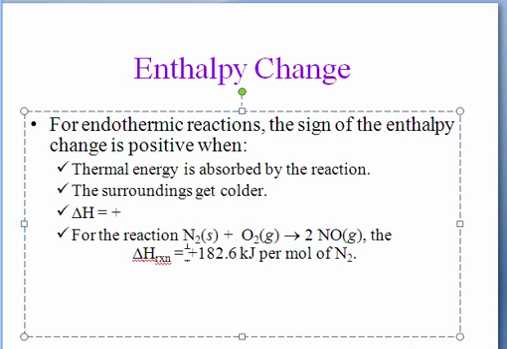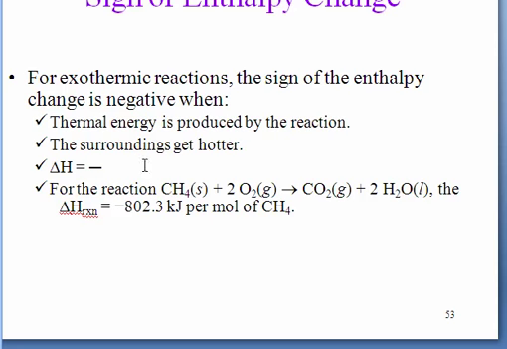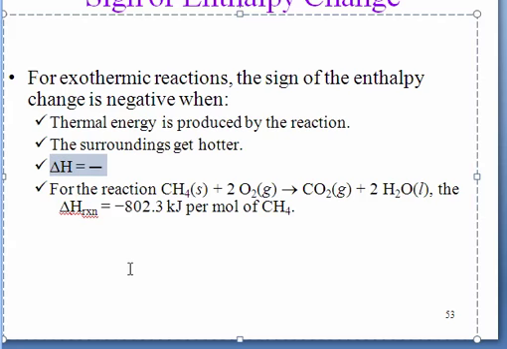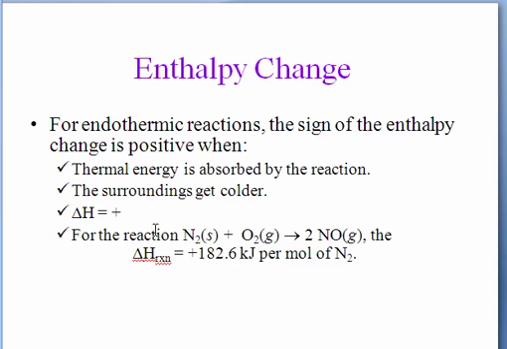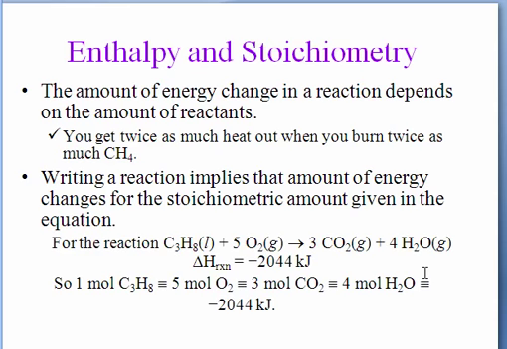This reaction requires the absorption of 182.6 kilojoules per each mole of nitrogen. In this case, the surroundings get colder and delta H is positive. Most chemical reactions are exothermic. There are a few chemical reactions that are endothermic, but most give off heat to go to more stable chemicals.